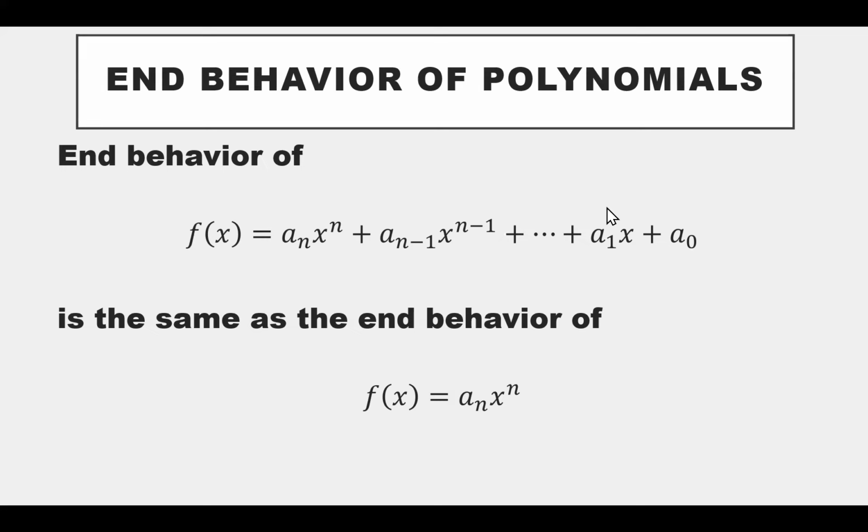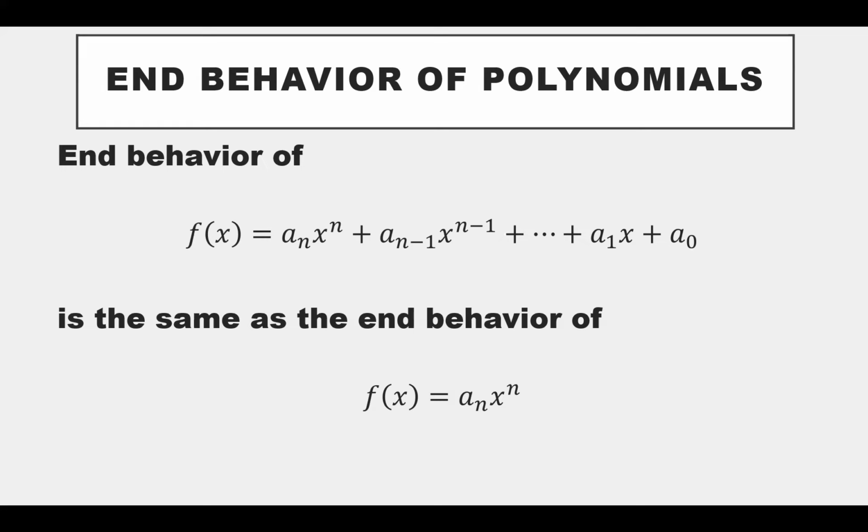Now, it's not going to necessarily do the same thing in the middle as this power function, but it will do the same things on the end, because as x gets bigger and bigger and bigger, this term overtakes all of the others. And the same is true as x goes to negative infinity.